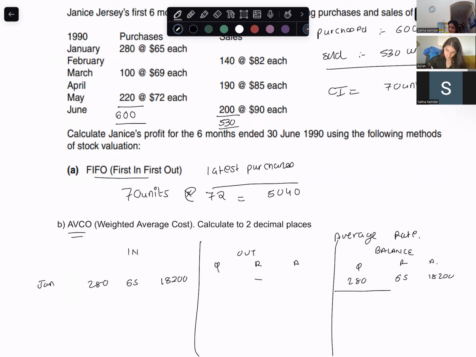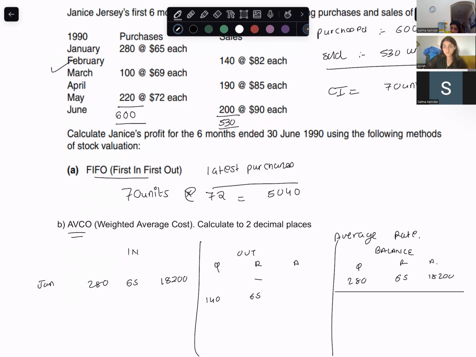Then you make a line. Then I see February. February I have 140 units out, at the rate of 65. But then you bought also the 100.